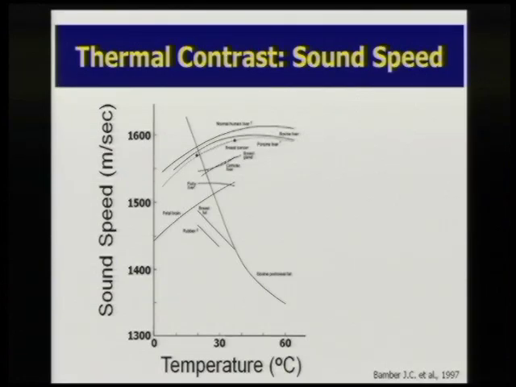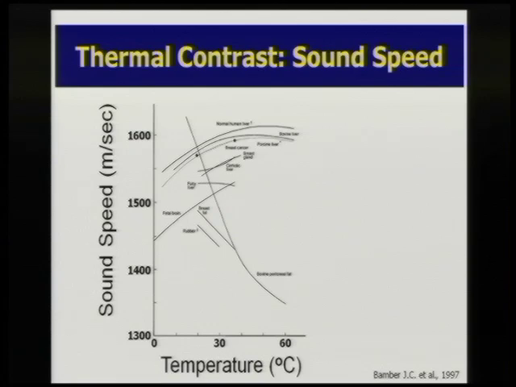This is a nice figure that Ben Burr summarized from all these ex vivo measurements of different tissues. The x-axis is temperature change, and the y-axis is the sound speed in the tissue.